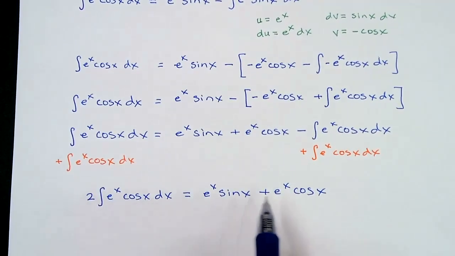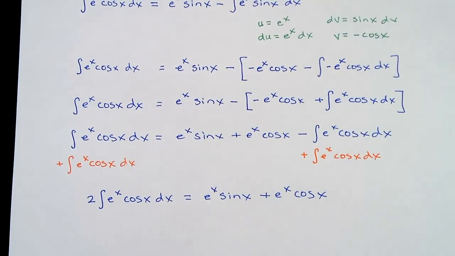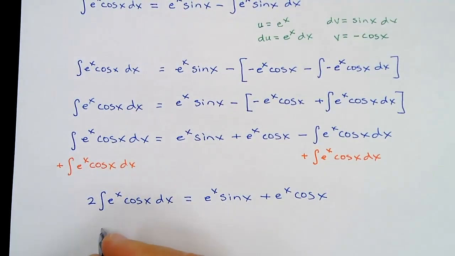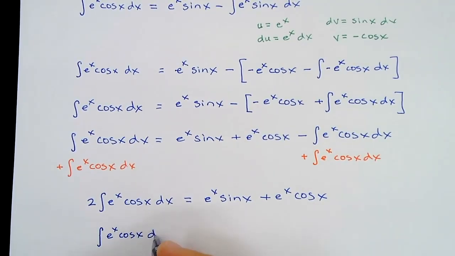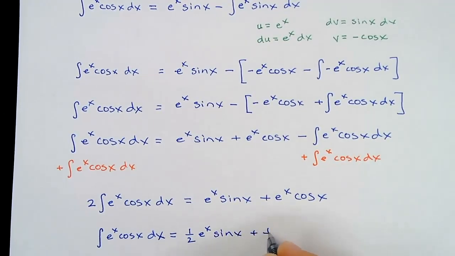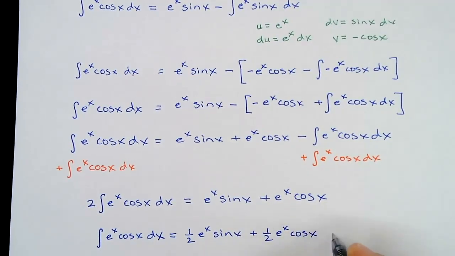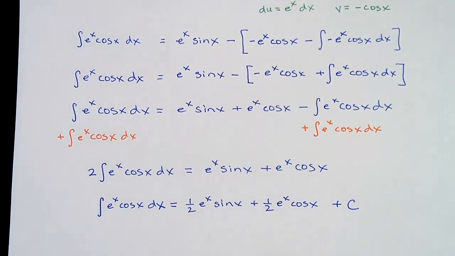Well, what we could do is multiply both sides of this equation by 1/2. And then we have to pick up the constant of integration. So the integral of e to the x cosine of x dx turns out to be equivalent to 1/2 e to the x sine of x plus 1/2 e to the x cosine of x plus some constant C. And there's our answer to this integral.